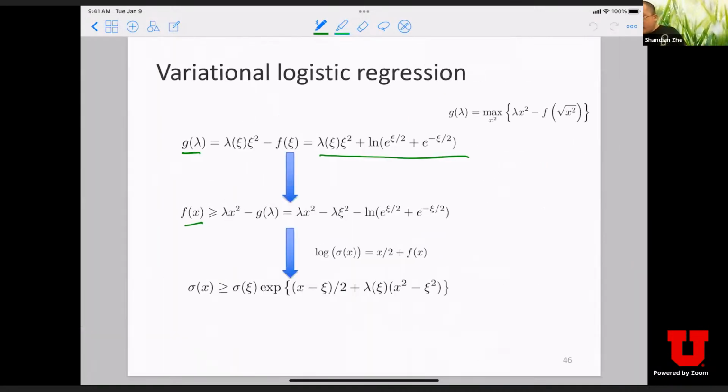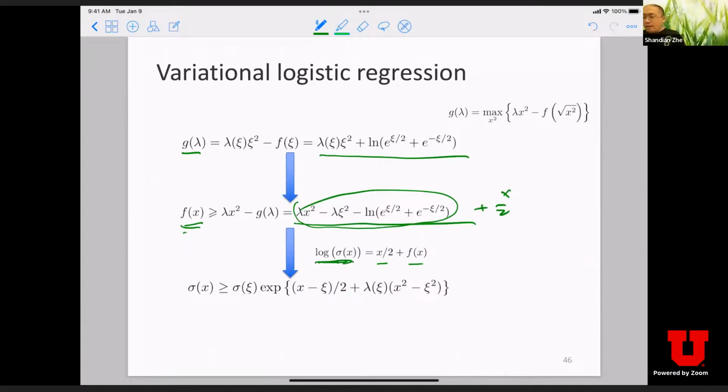So I get a lower bound of this f(x), which has this form: lambda x squared subtracted by lambda ξ squared subtracted by the logarithm of e to the power of half ξ plus e to the power of minus half ξ. And because our log sigmoid function, as we derived before, is half x plus f(x), I get my lower bound of the log sigmoid function, which is this guy plus half x.